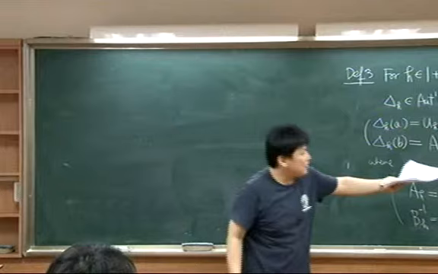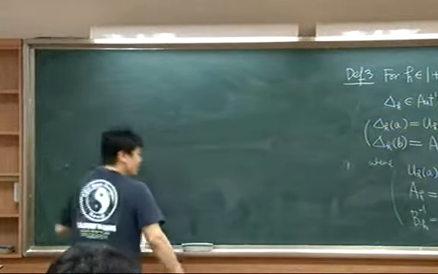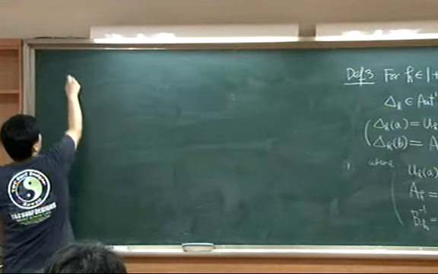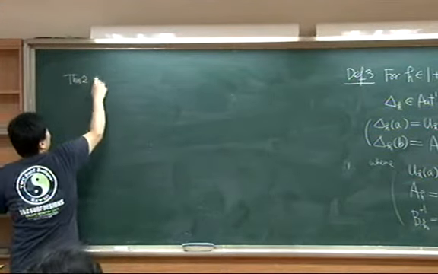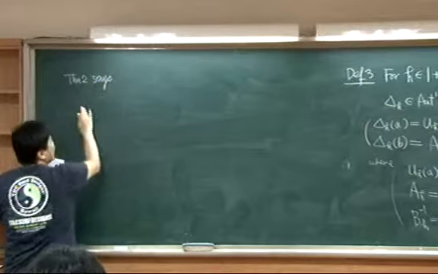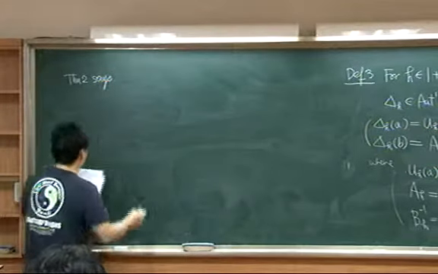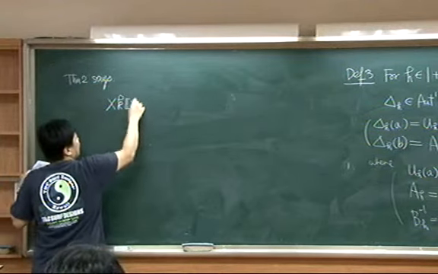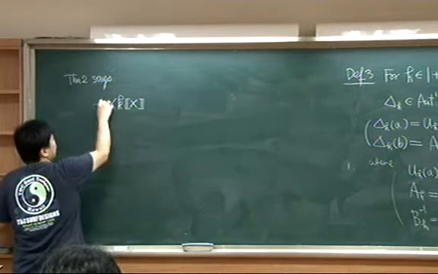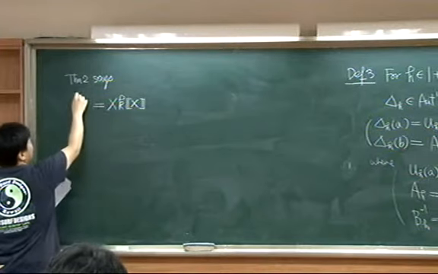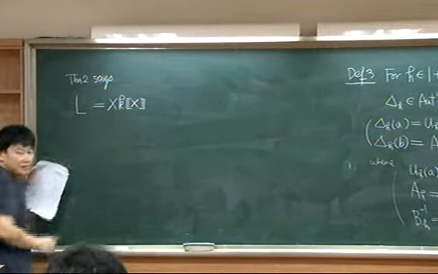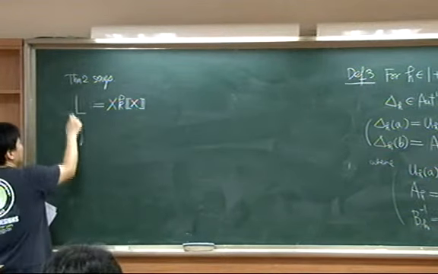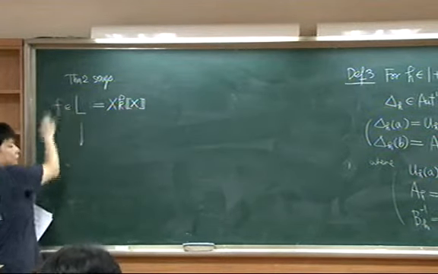So this theorem says, I think this diagram is easier to understand. Theorem 2 says, if we write this space by L, from L, first fix the element small f.